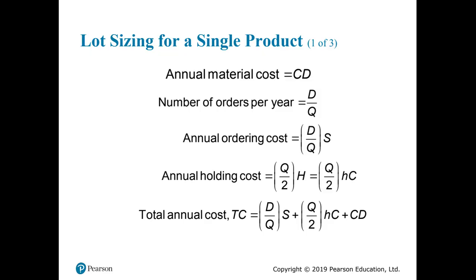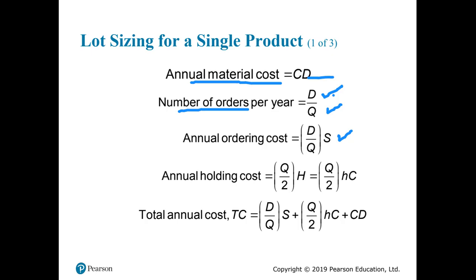Okay, so if we denote the annual material cost as CD, the number of orders per year as D divided by Q, and the annual ordering cost as D divided by Q times S. D was demand, Q was the quantity, and S was the fixed cost.